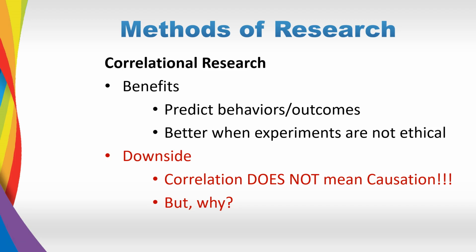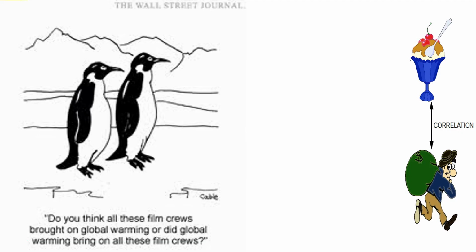So if I gave you a value of 0.98 or 0.95, something like that, that's extremely close to 1. So that is so strong that it's very tempting to say, oh, well, that means this variable causes that one. No, it doesn't. We cannot make that claim.